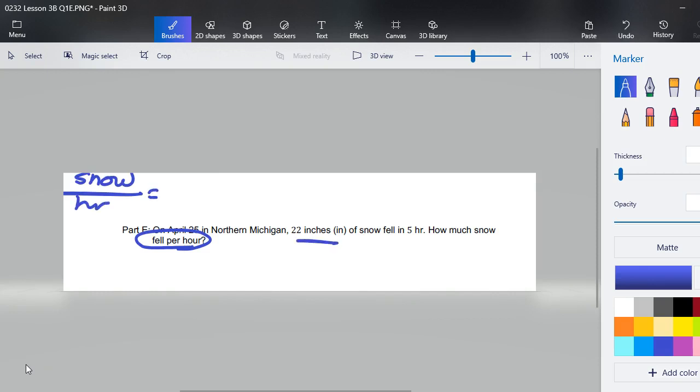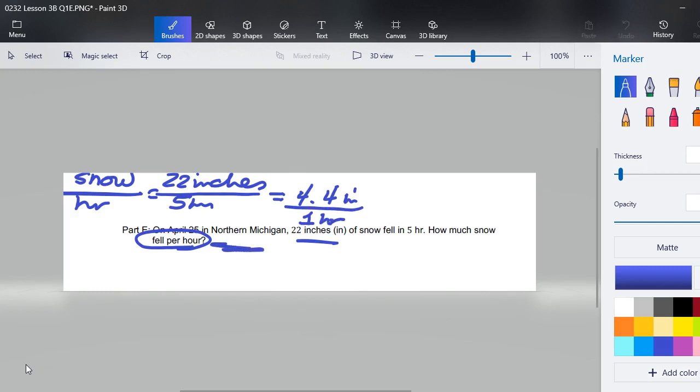I got 22 inches, or we have 22 inches from our question, and we got that much for 5 hours. And so grabbing a calculator, I have 22 that I'm dividing by 5. I get 4 4/10 inches for every hour. They don't tell us where to round it, so we're going to stay right here.